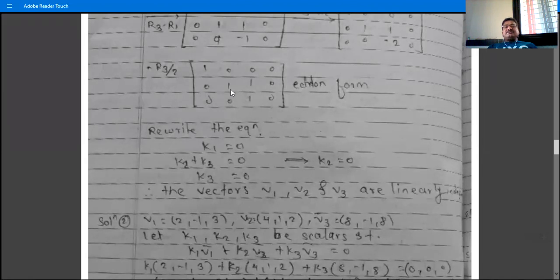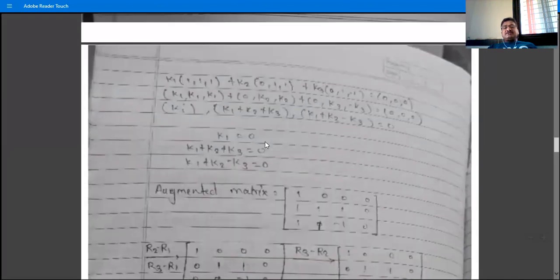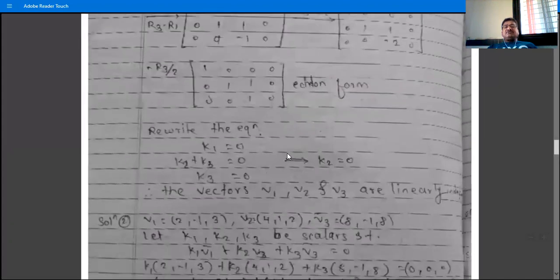And this system is a homogeneous system. A homogeneous system is always consistent, so there is no case of inconsistency.